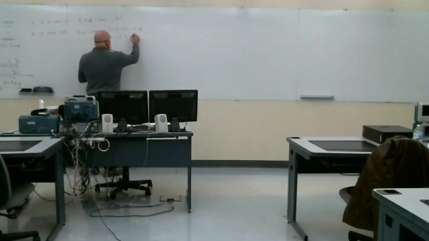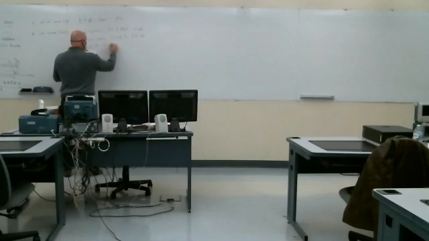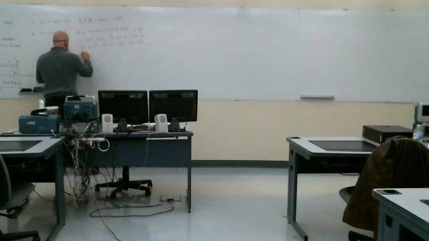And then I'm going to do a little trick here. I'm going to let rho 2 go to infinity. We can argue that H is equal to 0 then along S3.